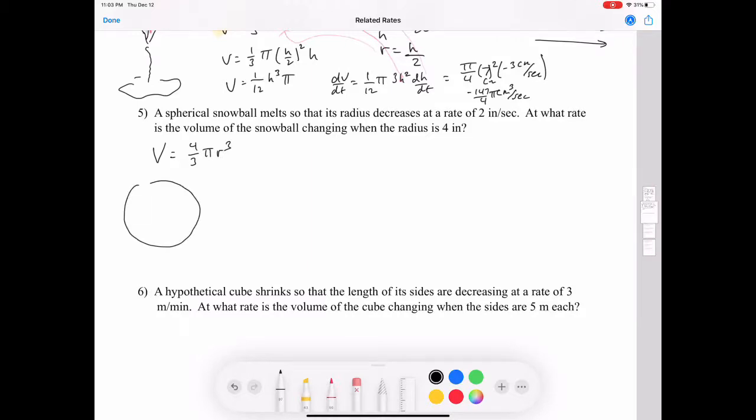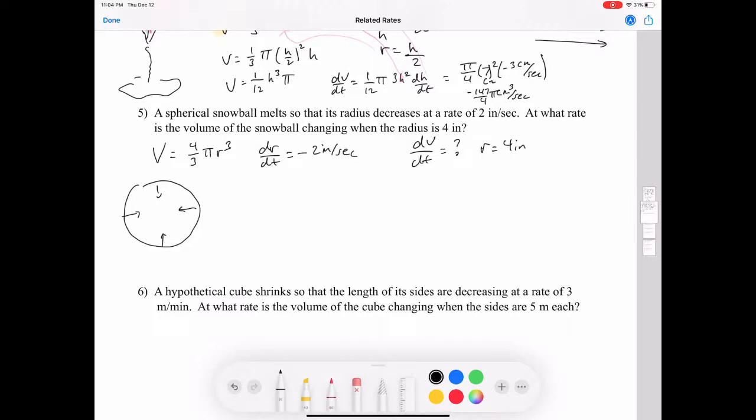We have a snowball melting, and the radius is decreasing at a rate of negative 2 inches per second. So how is the volume changing when the radius is 4 inches?